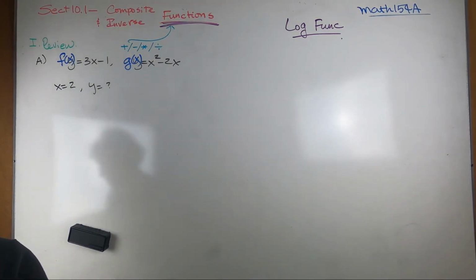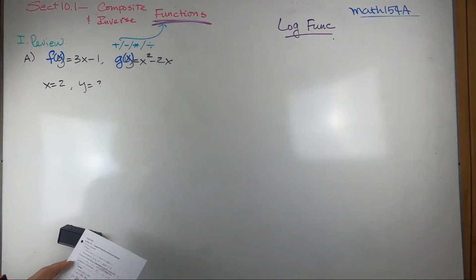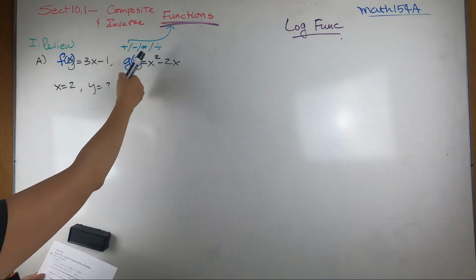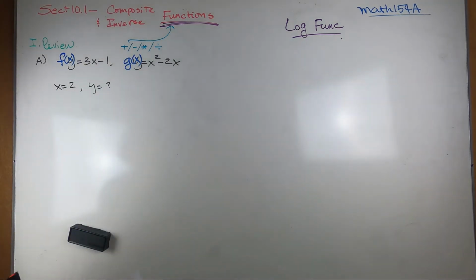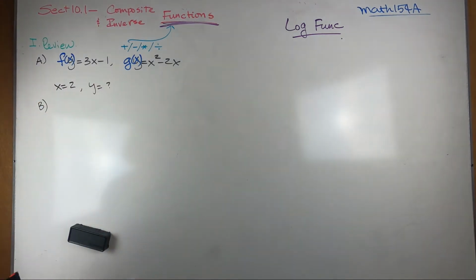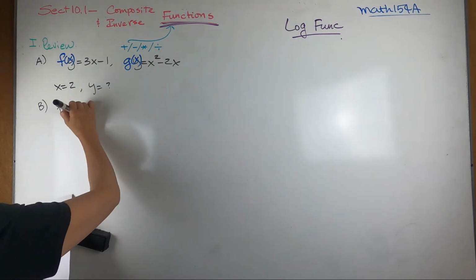That's how we differentiate them. Then you can say, okay, f of 2, you use this, g of 2, you use this. So that's your notations.